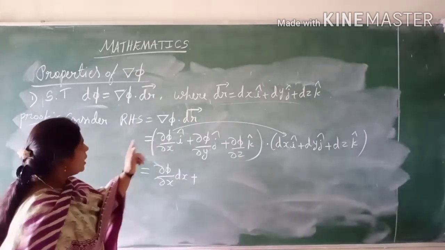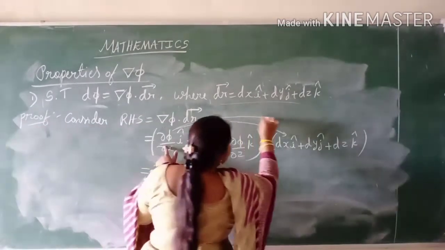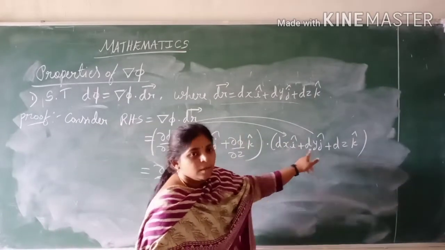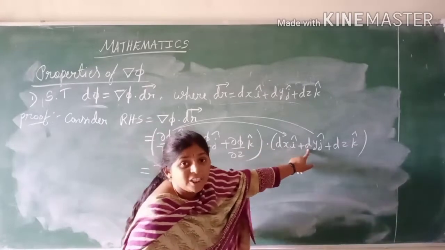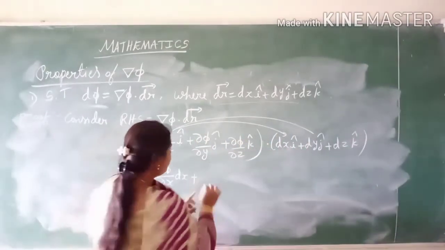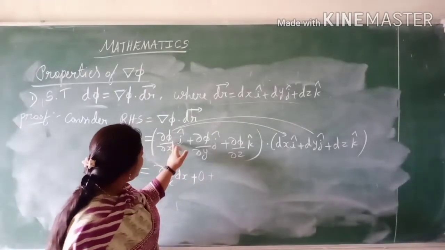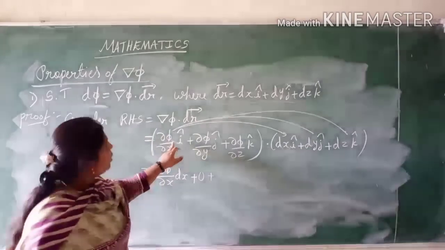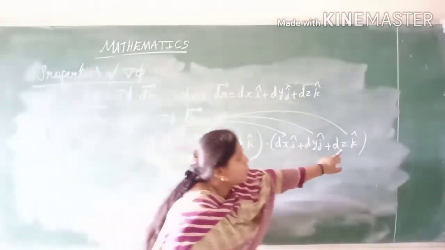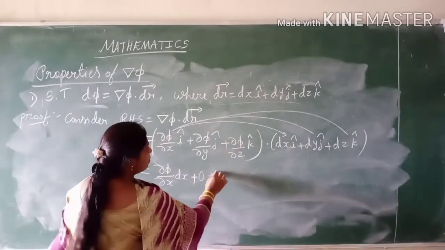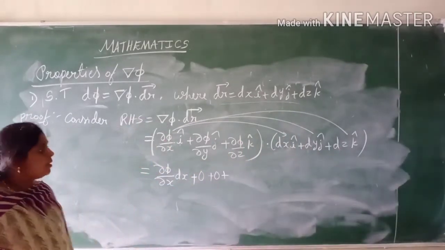Plus, then multiply with the next term, dou phi by dou x into dy into i dot j. The value of i dot j is 0, so the term is 0. Plus, dou phi by dou x into dz, and i dot k is again 0. This term is over.